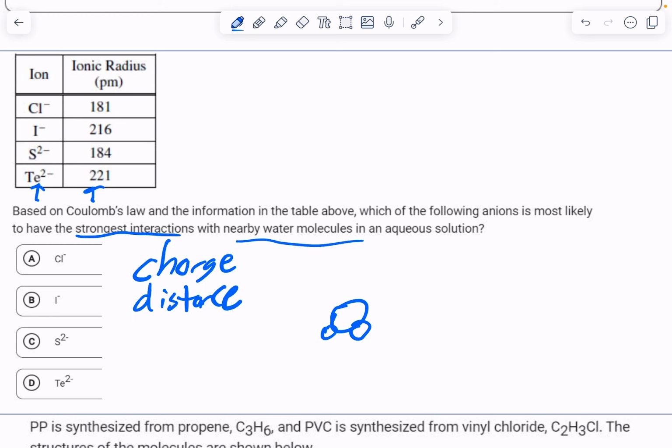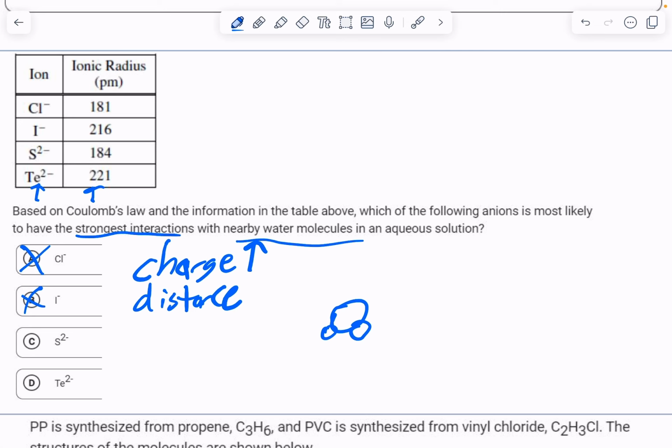In this case, the higher the charge, the stronger that interaction is going to be. So looking at my 4 ions, I can already count out chlorine and iodine because they only have -1 charges. They're not going to be as strong of an interaction. The other factor now is the distance.